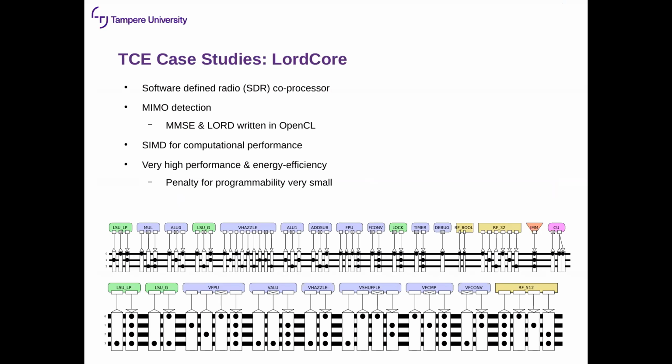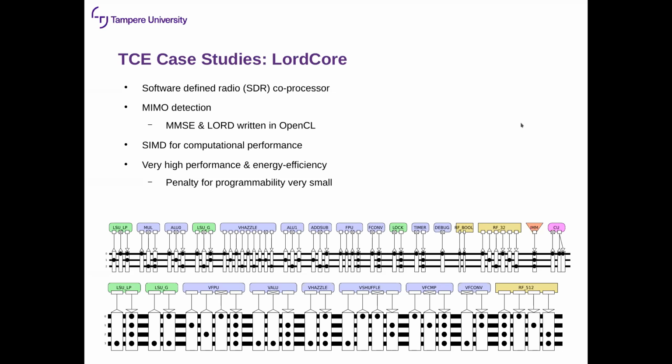So basically channel detection in, for example, 5G technologies. So it basically executes these two algorithms called MMSE and LORD. And we've basically implemented them in OpenCL for this processor. And please don't ask me more about these algorithms. I'm not an expert on those.